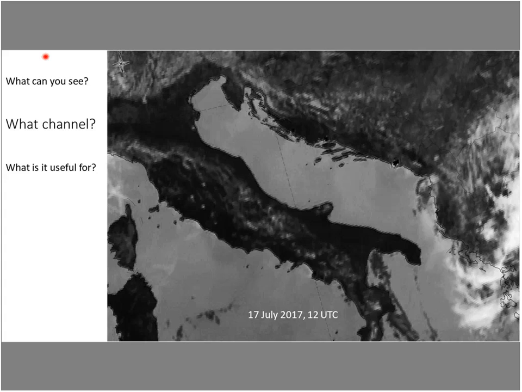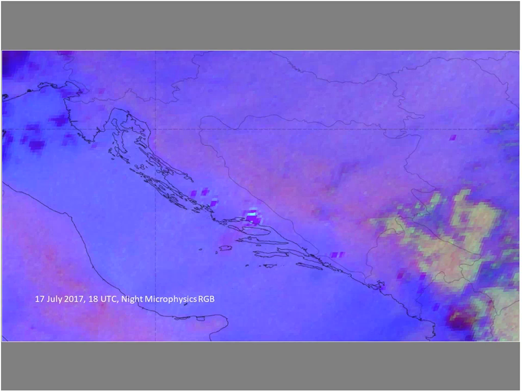Again, here we can see the same thing, the hotspot that Nuno pointed to. So basically this quite clear signal in the 3.9 channel that is actually used in this night microphysics RGB tells us that this is a hotspot or a fire going on.